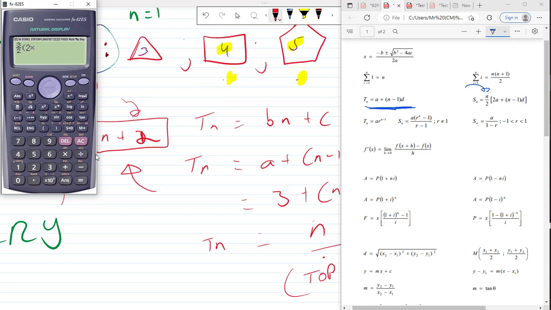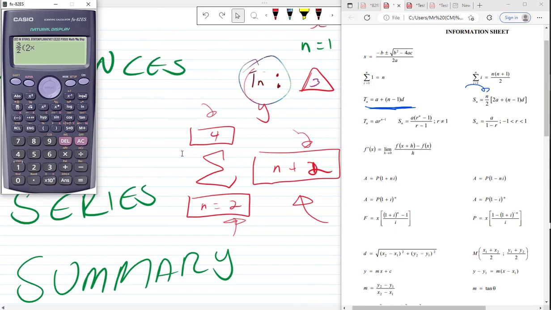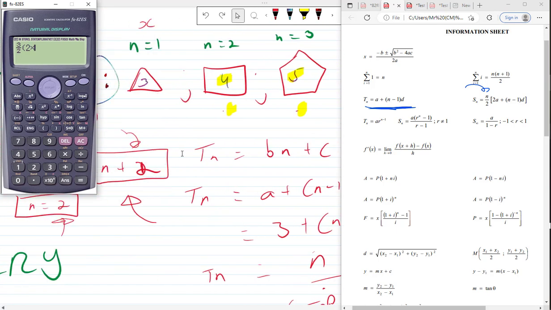Now here is where you have to be really careful, because the first term of the original sequence is of course 3, but we're not starting there. That's not the first term that we're interested in when we're calculating our series. The first term that we're interested in is our starting point of the series, the one at the second position. So what you're going to substitute over here is not 3, but rather 4.